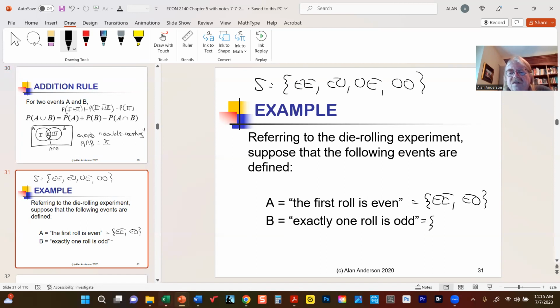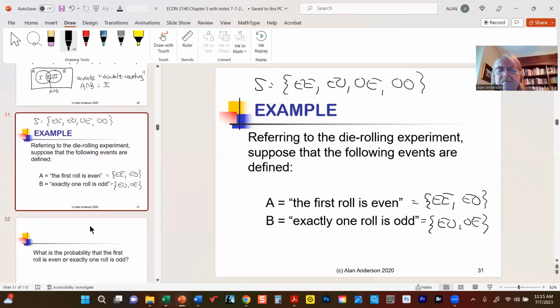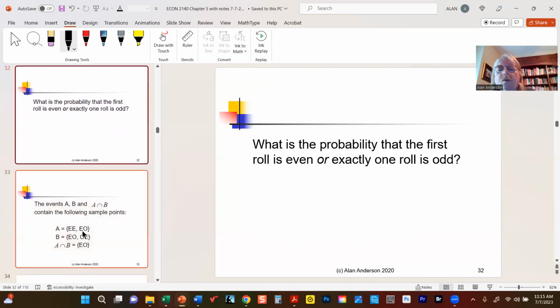B is also a set: exactly one roll is odd, which means you're looking at EO and OE. Both of these are subsets of the sample space, therefore they qualify as events. And we're being asked, what is the probability that the first roll is even or exactly one roll is odd? In other words, what's the probability of A or B?